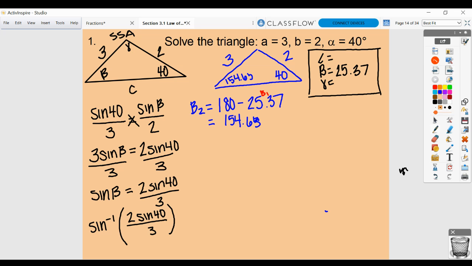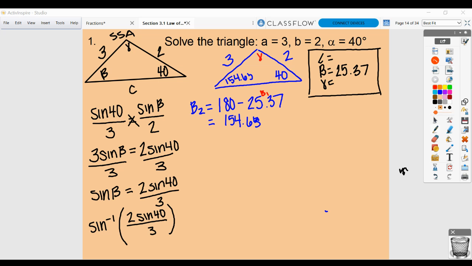Okay, so when you go to look at the second triangle, you can see that you have two of the angles, so you can go find the third one, which would be gamma.